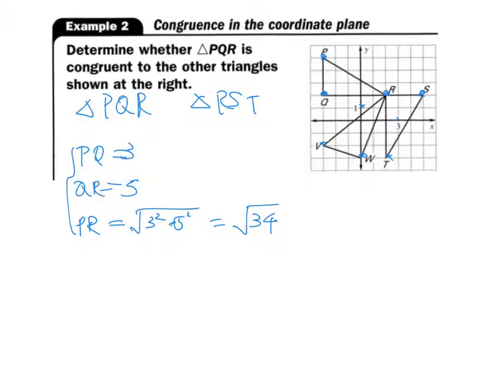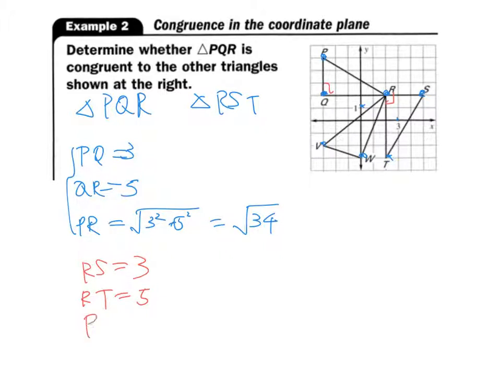And then let's look at my second triangle. Let me change the color to red, RST. The length of RS is 3, and the length of RT is 5. And of course, if I use the Pythagorean theorem, and the reason I can use it is because these are right angles.